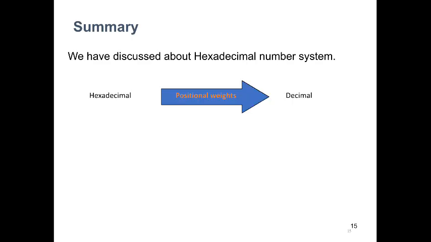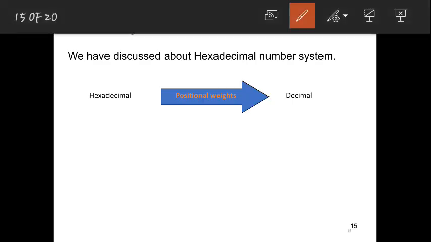So hexa to decimal means, in case they give some hexa number, say A, and you want to convert that, then you just need to write its positional weights, the hexadecimal positional weights. That means 16 to the power of 0, 16 to the power of 1, in that way.